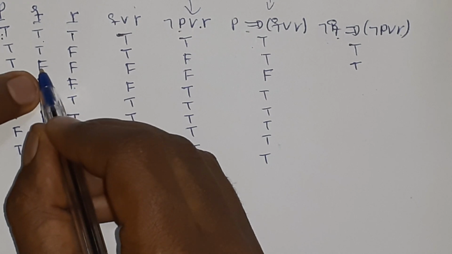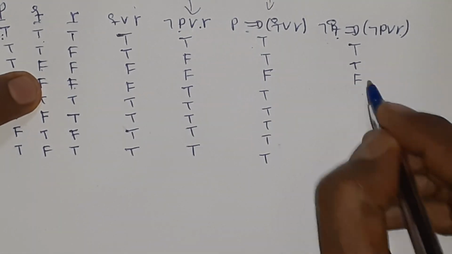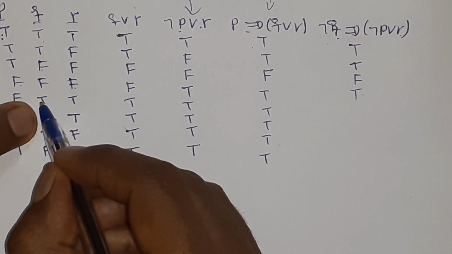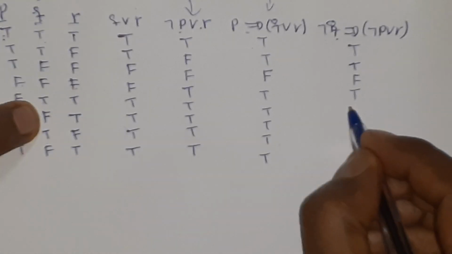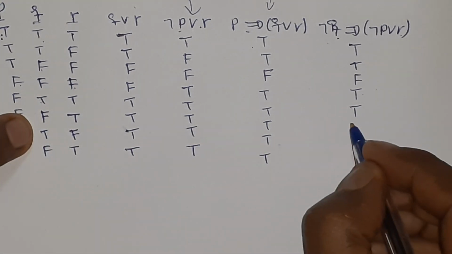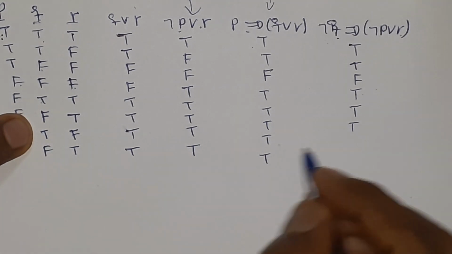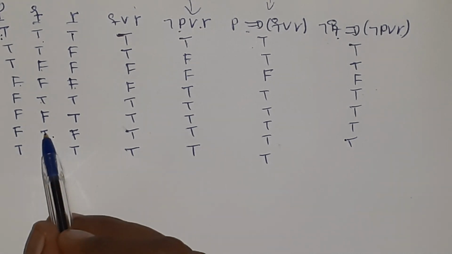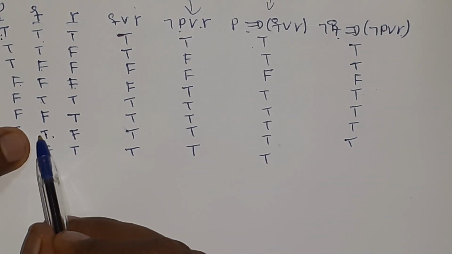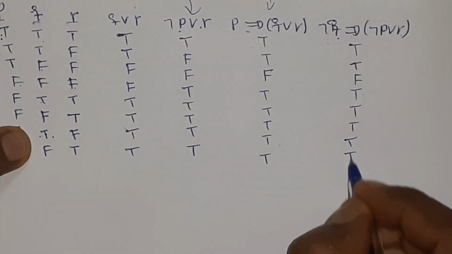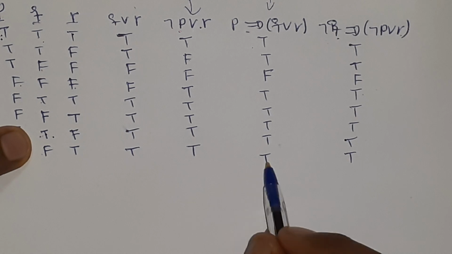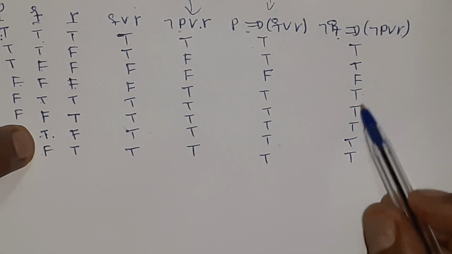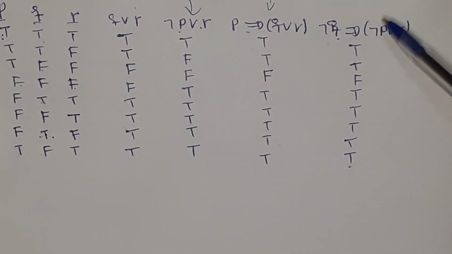The negation of this one is true, true implies false is false. This is true, true implies true is true. This is false, its negation is true, so true implies true is true. True implies true is again true, true implies true is true again. Then this is false, the negation of false is true, true implies true is true, and true implies true is true again, so that we have this.